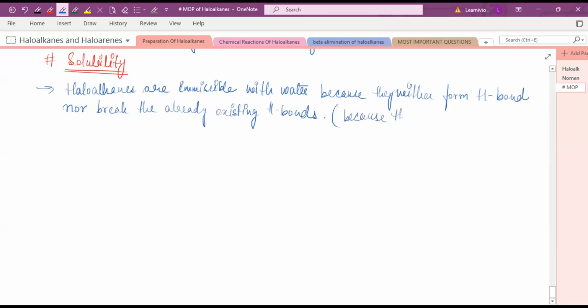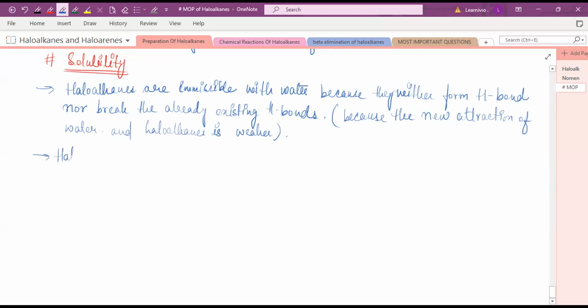Because the new force of attraction between water and the haloalkanes is weaker.